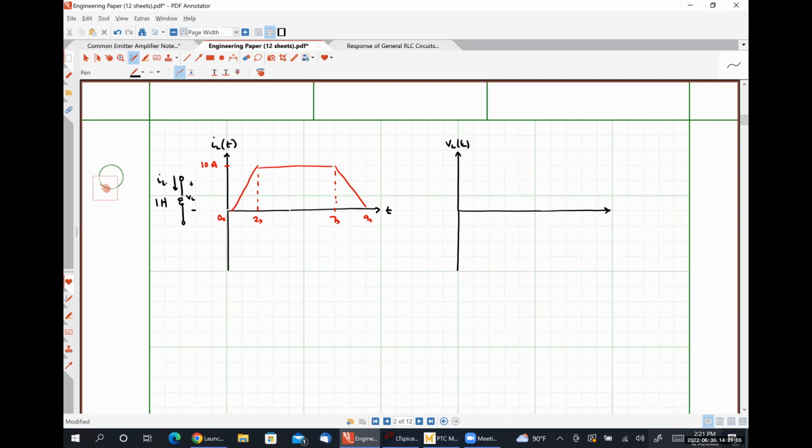So if we have an inductor of 1 Henry and we pass that current waveform that I've outlined in red through that inductor, we should observe that a voltage is going to appear across the inductor.